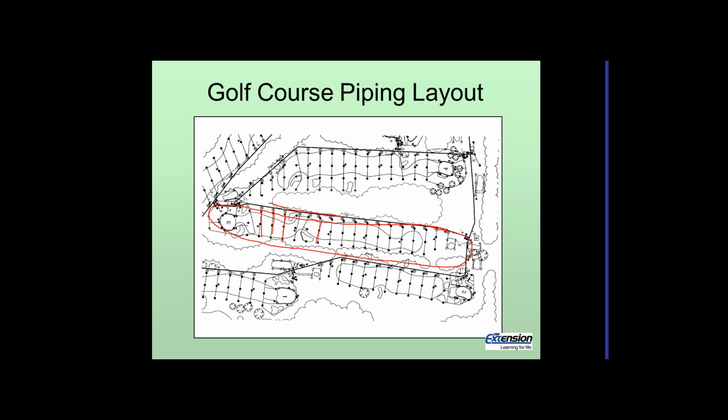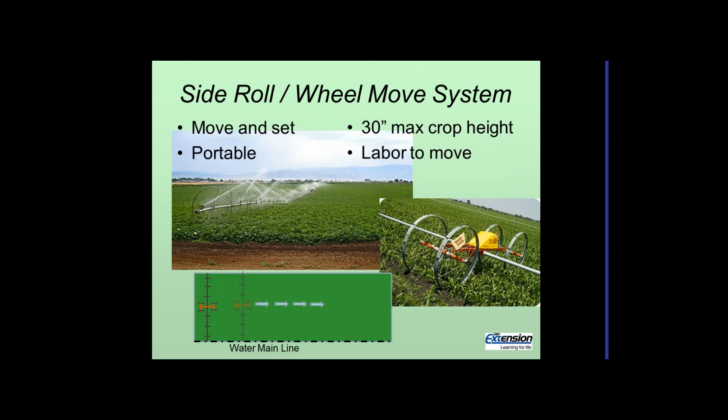One of the unique things of a golf course is we never have all these going at once, and we could have any number of them going at once. So they typically will have a much more complicated pumping system because it has to be able to accommodate different capacities based on the number of nozzles that are being used.